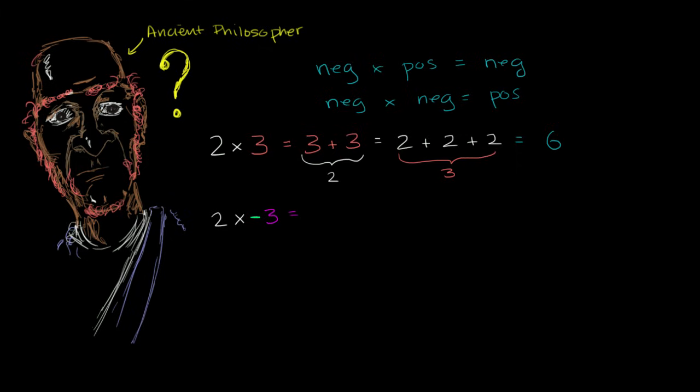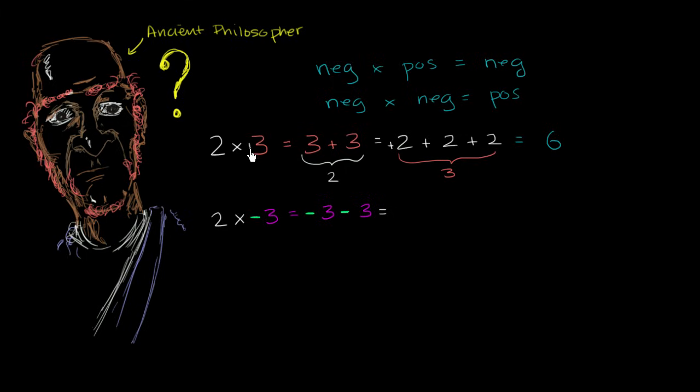So it would be negative 3, and I'll try to color code it, negative 3, and then another negative 3. Or you could say negative 3 minus 3. Or, and now this is the interesting thing, since it said 2 times positive 3, you added 2 3 times. But since here it's 2 times negative 3, you could also imagine that you're going to subtract 2 3 times.